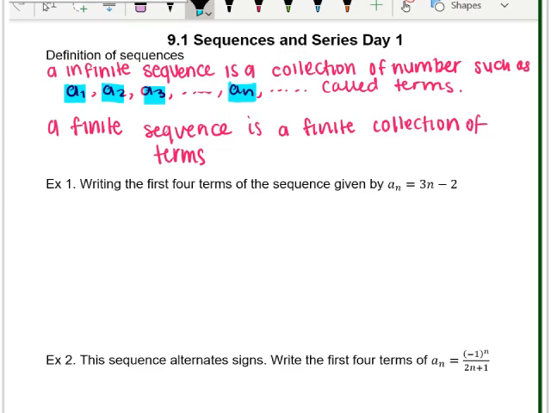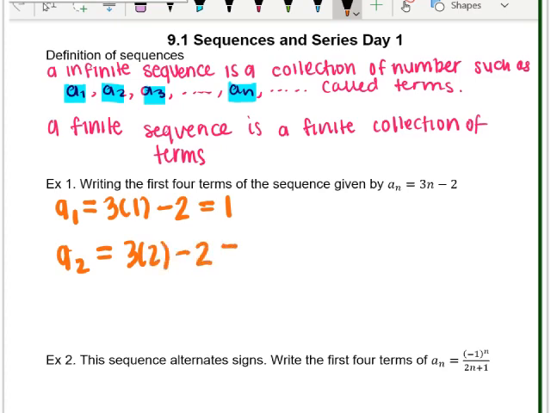Example number 1 says, write the first 4 terms of the sequence given by an is equal to 3n minus 2. So we're going to find the first 4 terms. So you have A1. All you're going to do is plug in 1. 3 times 1 minus 2, that gives us 1. That's our first term. A2 is our second term. Plug in 2.